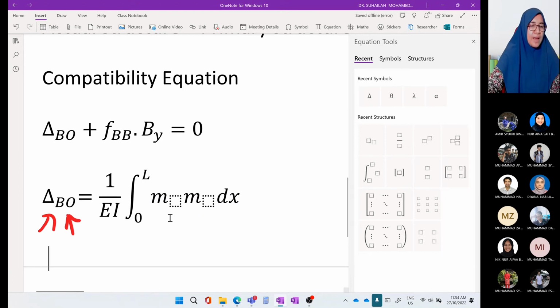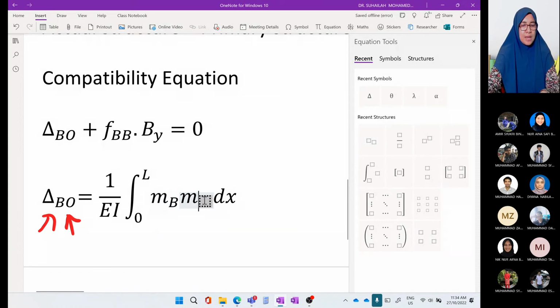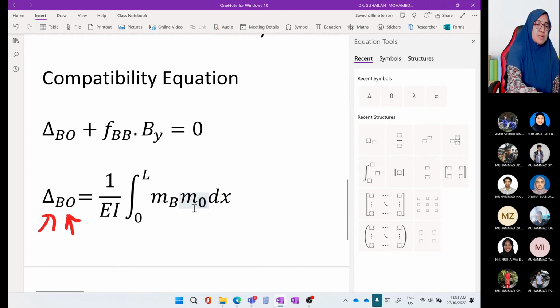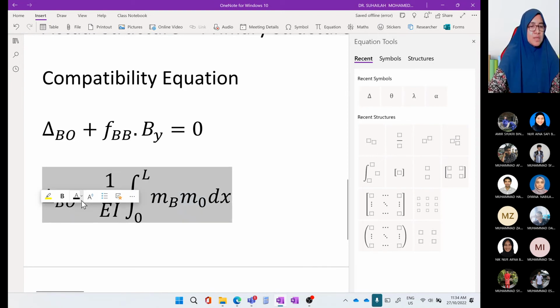So we will have MB and M naught. What is MB? What is M naught? M naught is always labeled for the primary system, and MB refers to the redundant system.